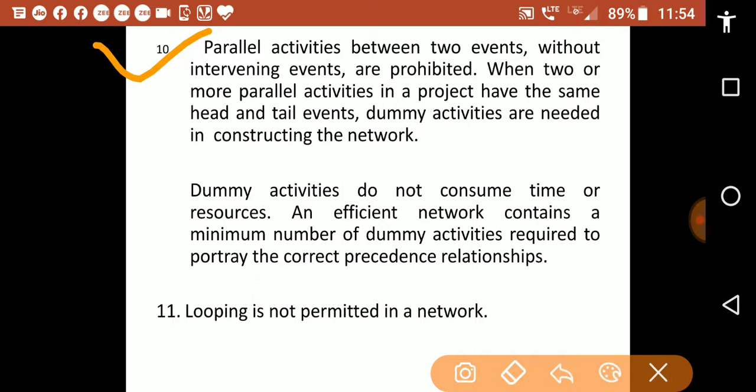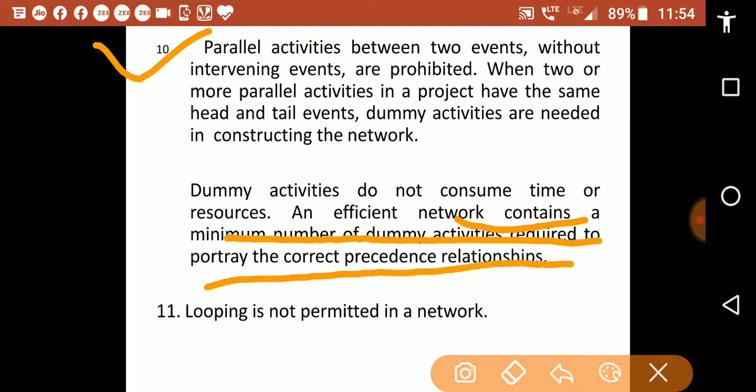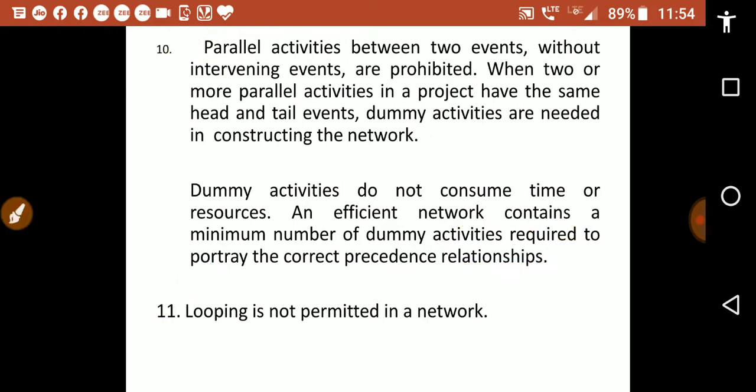An efficient network contains a minimum number of dummy activities required to portray the correct precedence relationship. Next is, looping is not permitted in a network. So in network construction, there are 11 rules which can be used for network construction.